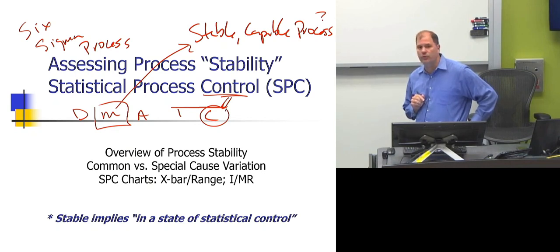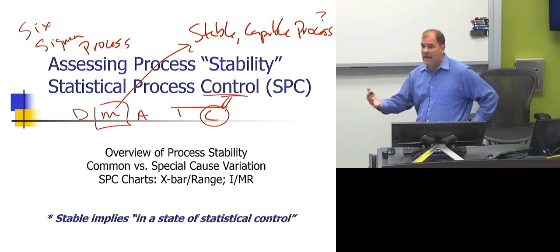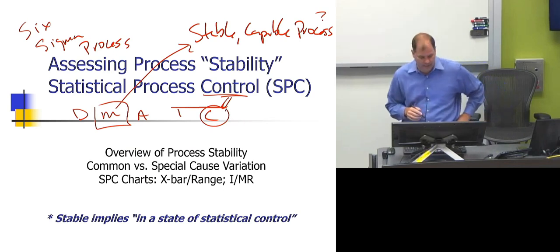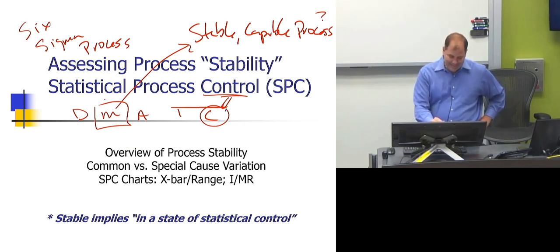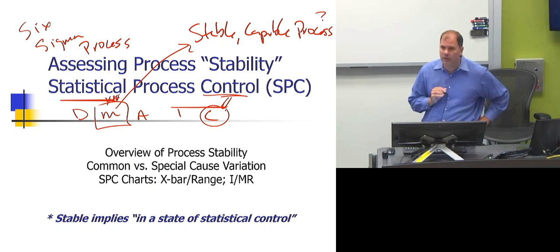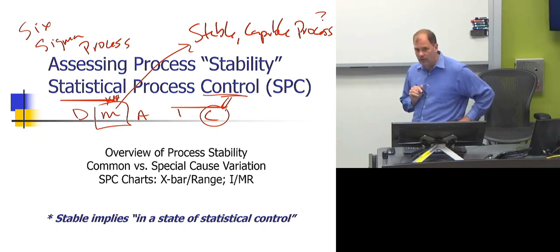For that reason, if you have historical data, the majority of DMAIC reports will have SPC charts, which we're going to talk about in the next 2 lectures, as part of the measure phase. Certainly you can use it as an analysis tool as well, as part of the analysis of the process, but in my mind, the measure phase is where it's of most value.